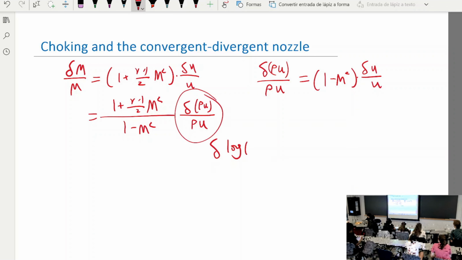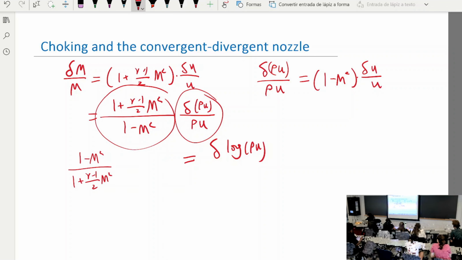And if you divide this all the way to here, what you're going to get is equal to 1 minus M squared over 1 plus gamma minus 1 over 2 M squared times M over delta M. So here you can start to integrate and see how rho u changes with Mach number.